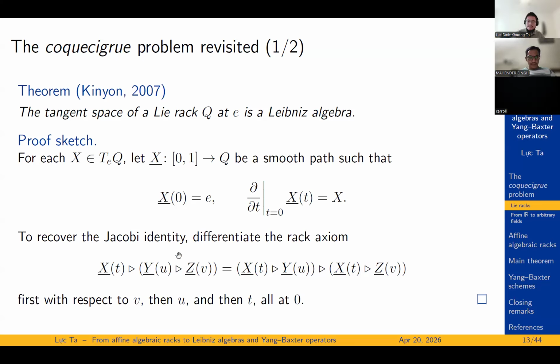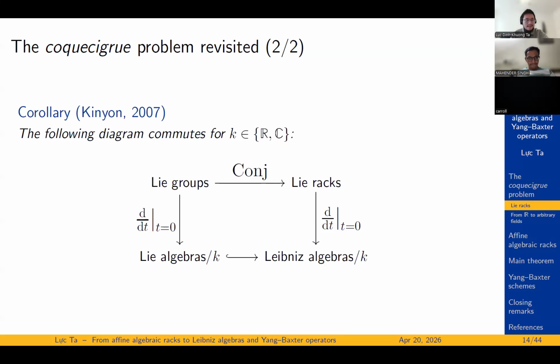Then you write down the left distributivity axiom, which is one of the defining axioms of a rack, and you differentiate it with respect to each of the three variables, each at 0. And because each Lie group induces a smooth conjugation quandle, we get this functor here, and this diagram commutes over R and C.